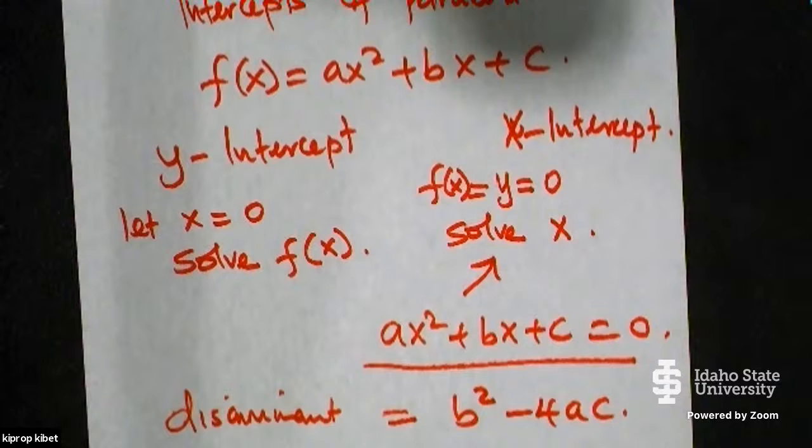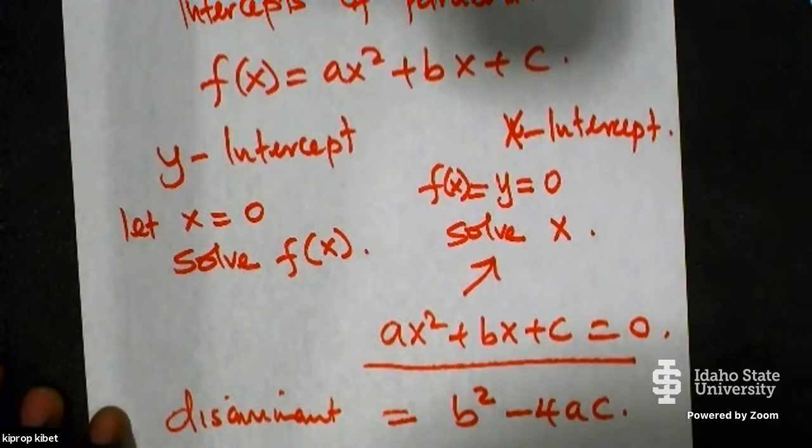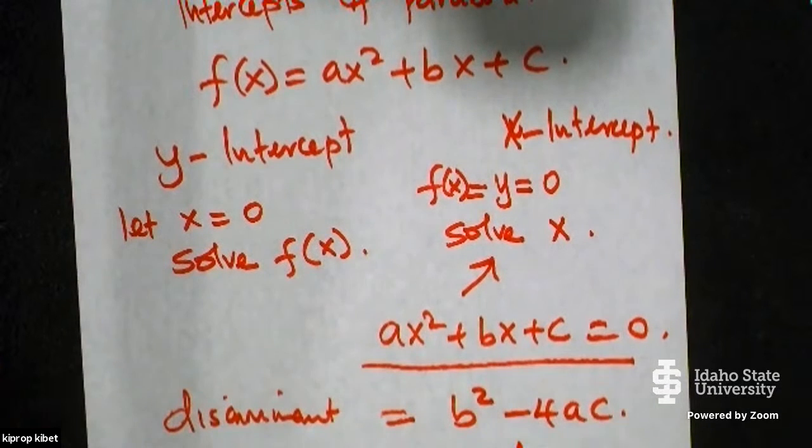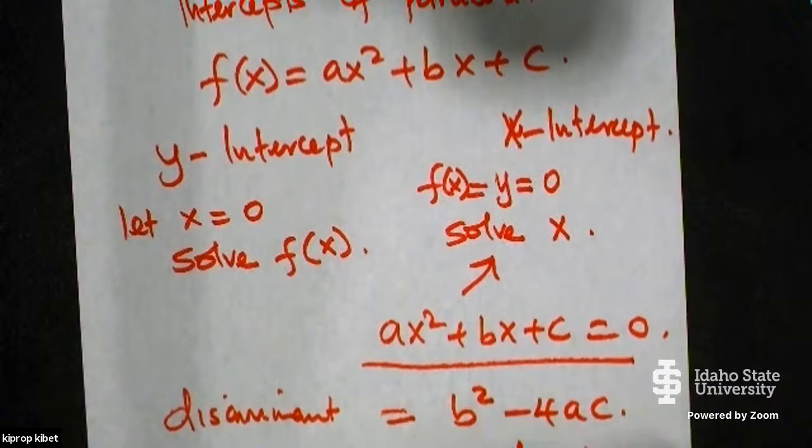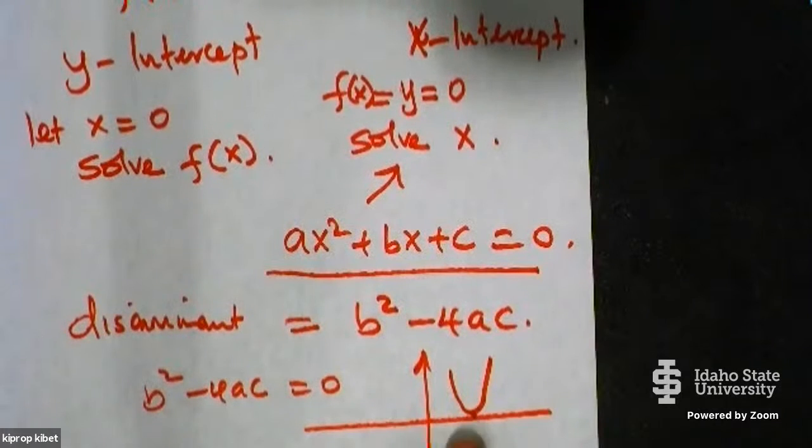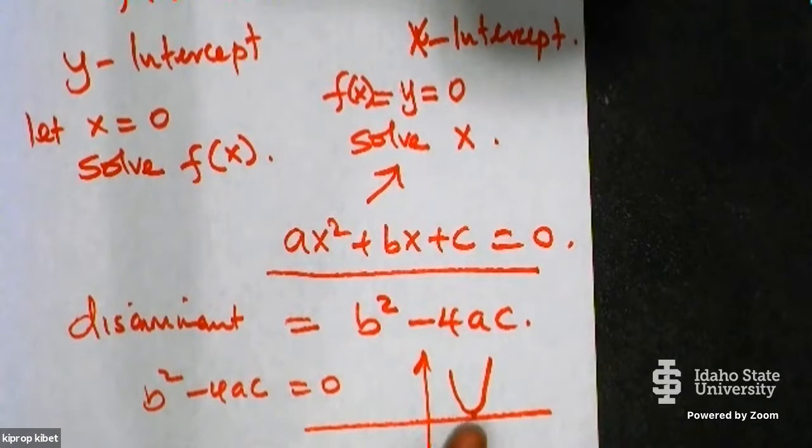Okay? So it will only be 1. And if it is 1, then if you're drawing the parabola, it can be at this point, it can be here. So our parabola will either be like that, okay? So it's only 1 point, so it will just be here.